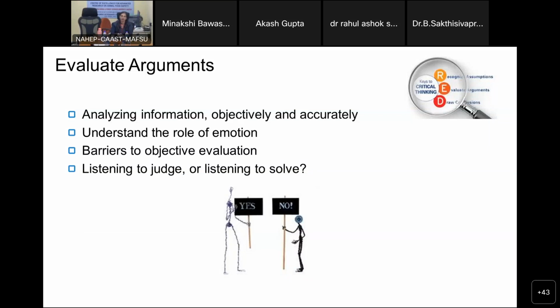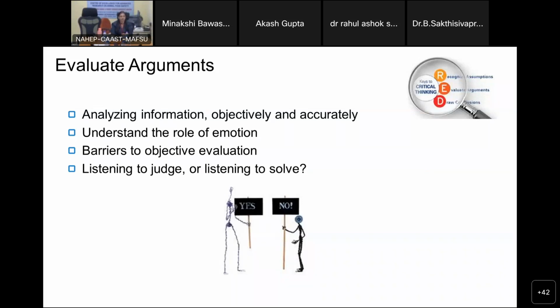Like we used to go to teachers, and if you're weak in some subject, you used to go for tuitions as well, right? Likewise, if you do not have those skills, then you can take help. That's why I said, come up, talk, ask, and that is very, very important. And then listening to judge or listening to solve.